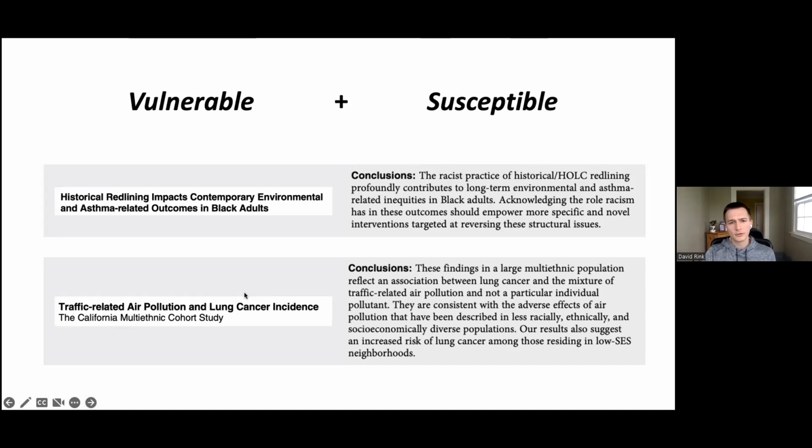I'd key in here on the final sentence of their conclusion, which says their results also suggest an increased risk of lung cancer among those residing in low socioeconomic status neighborhoods. I don't think that this probably comes as a surprise to most people, but it is important to be reminded of it and to be reflective on these issues when we're seeing our patients.